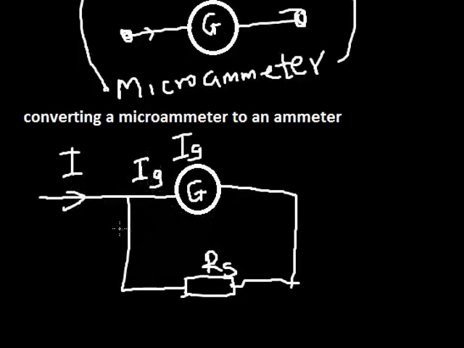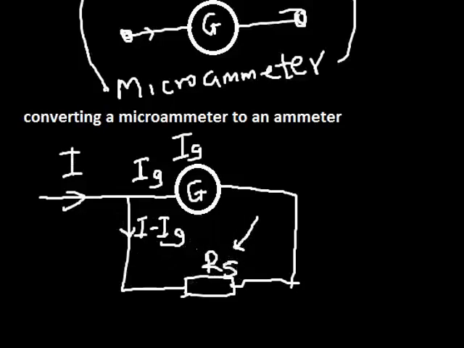Then the excess current, which is I minus IG, is what will enter into the shunt. So the whole idea is you'll be asked what is this shunt resistor that will take this excess current.